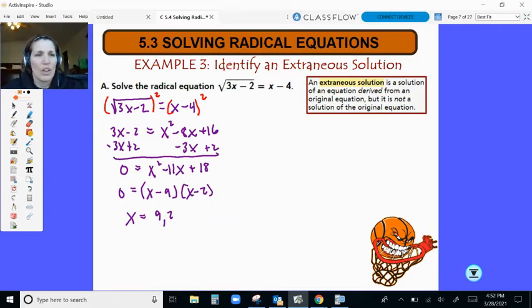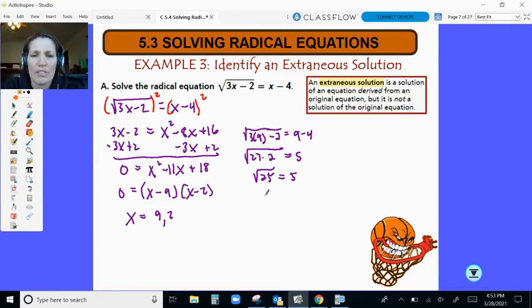Well, let's check it. We have the square root of 3 times 9 minus 2 equals 9 minus 4. Square root of 27 minus 2 is the square root of 25, equals 5. So 5 equals 5. That works out, so 9 is a solution.